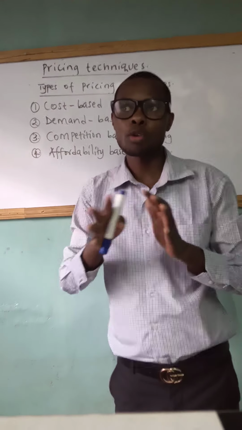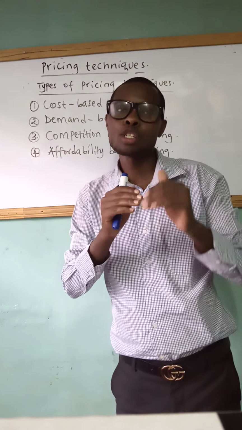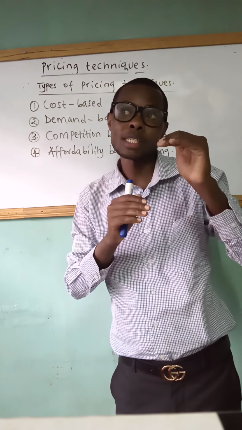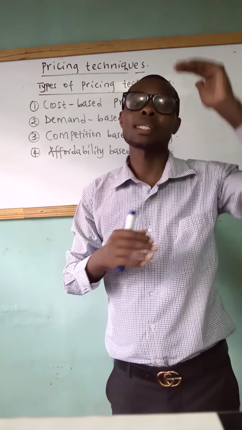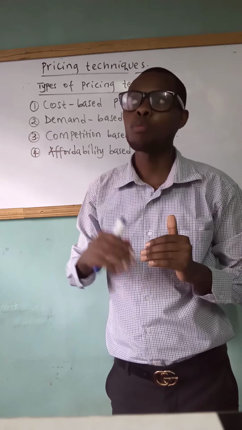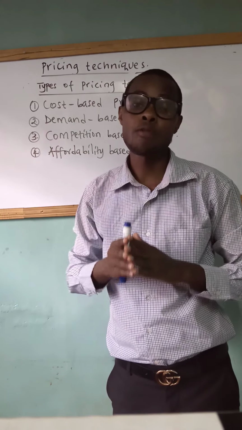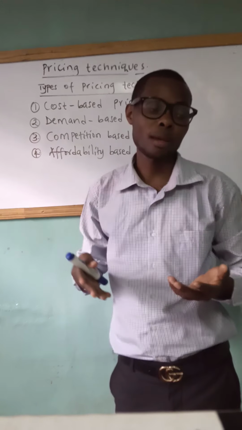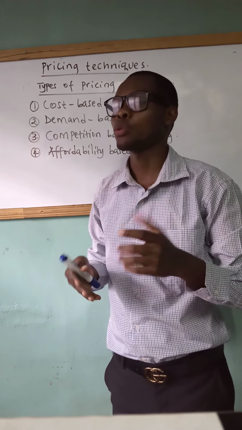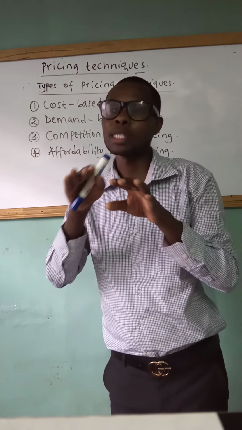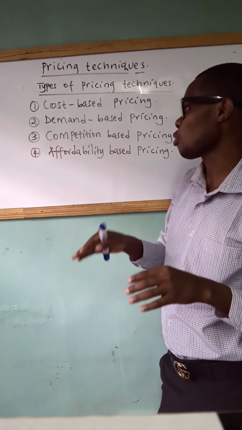You have to check on competition, and then at least you set a price that is close to your competitor, unless maybe your product is very unique. That's when you can set a very high price as compared to your competitor. But if you're offering the same products, everything is the same, then you don't need to charge a very high price. You need at least to standardize, considering the price that is being charged by your competitor.